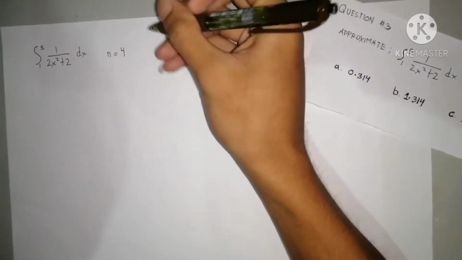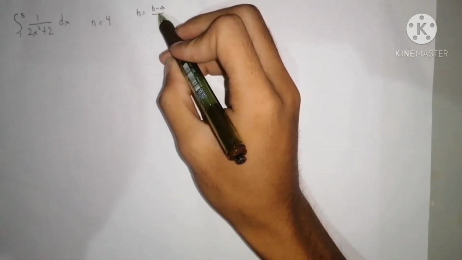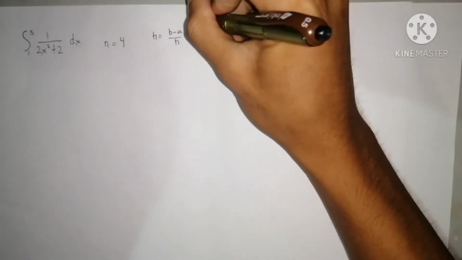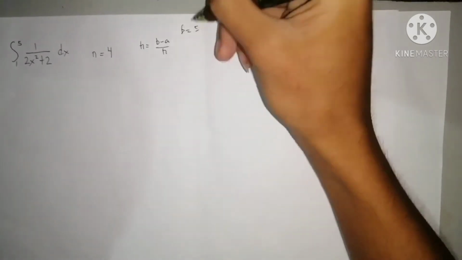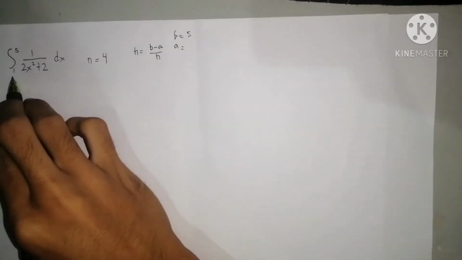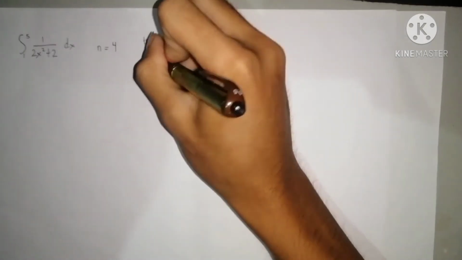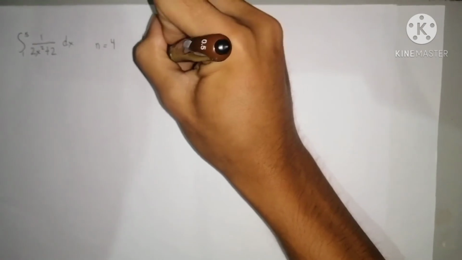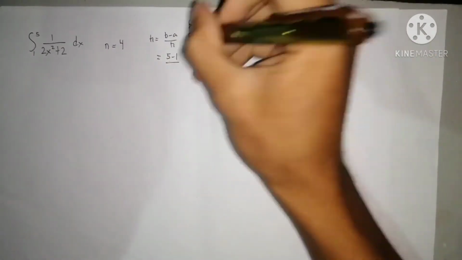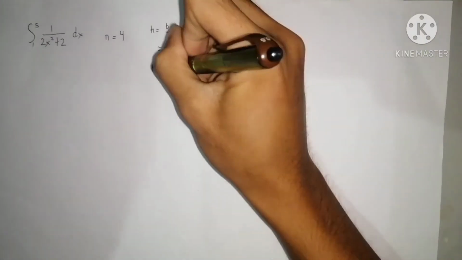The formula for h is b minus a all over n. Our b is 5, then our a is 1, and our n is 4. So let's substitute. Then 5 minus 1 all over 4. So our h is 1.